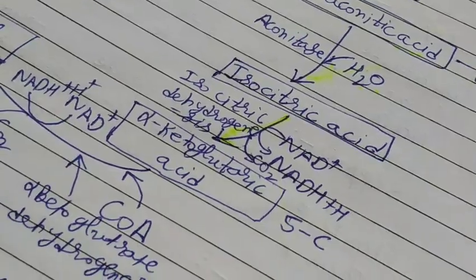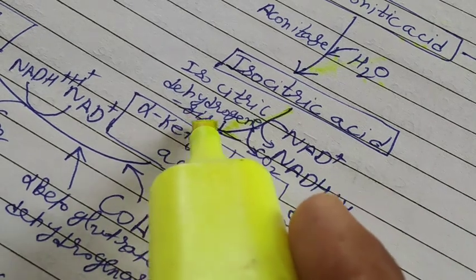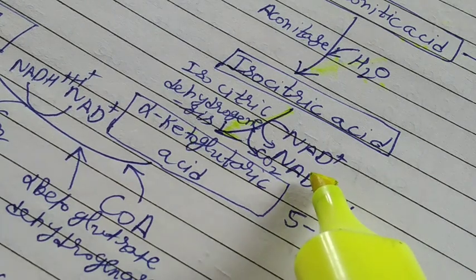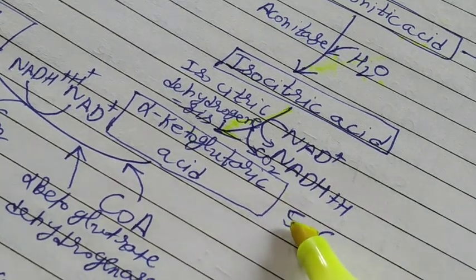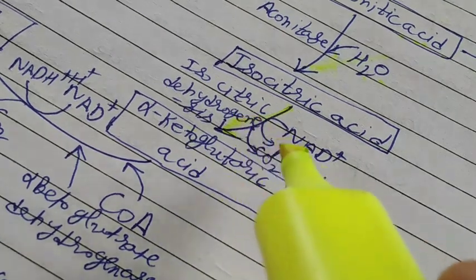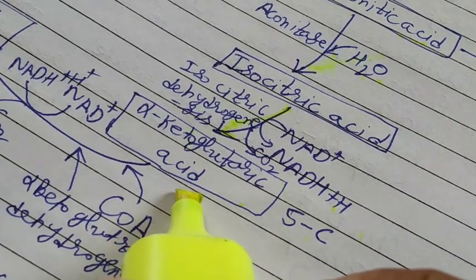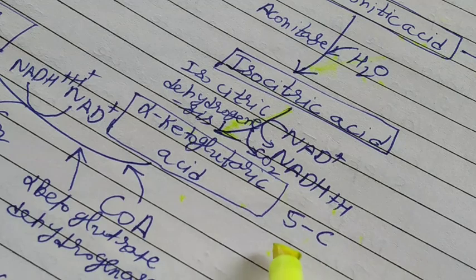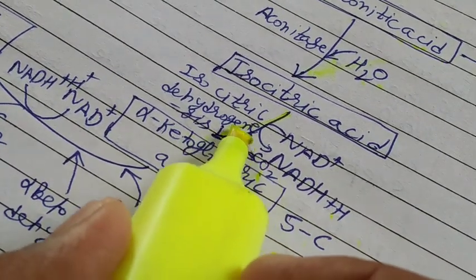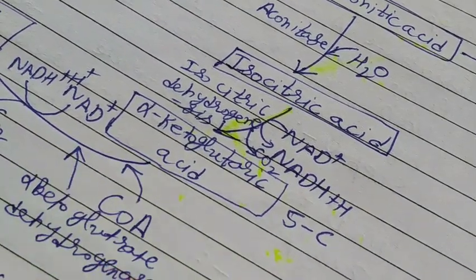After this, isocitrate dehydrogenase action is completed, and NAD positive is converted into NADH plus H. Now this forms alpha ketoglutaric acid, 5 carbon, because one carbon dioxide was released at this step. Now we move to the next step.